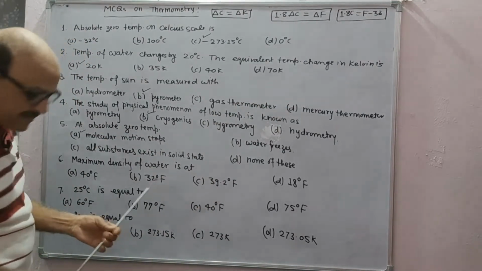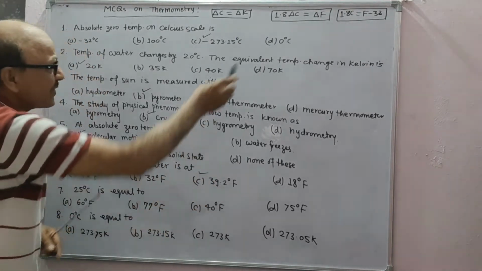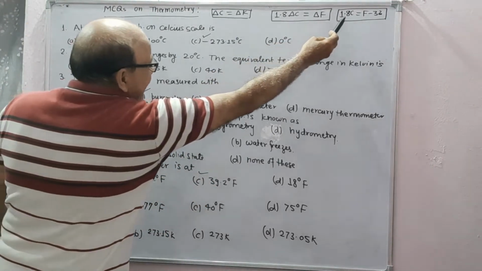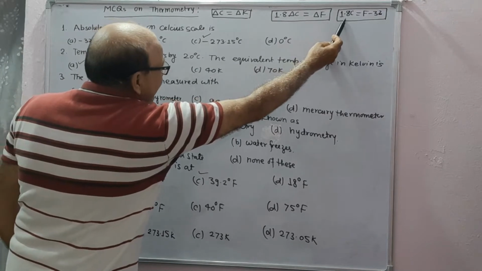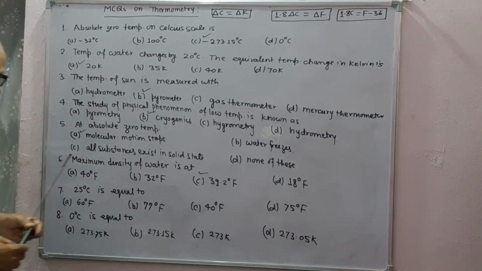Means correct answer will be C. From this formula, 4 into 1.8 plus 32 gives this option.